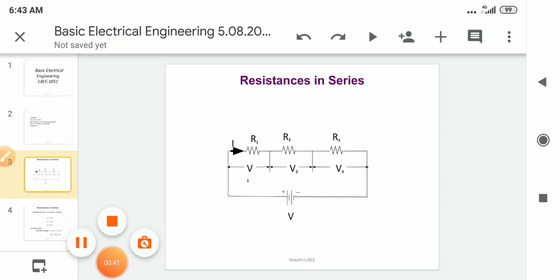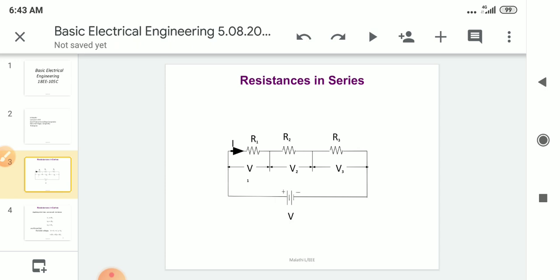In this video, we are going to learn about the series and parallel combination of resistances. So let's see the equivalent resistance in series.